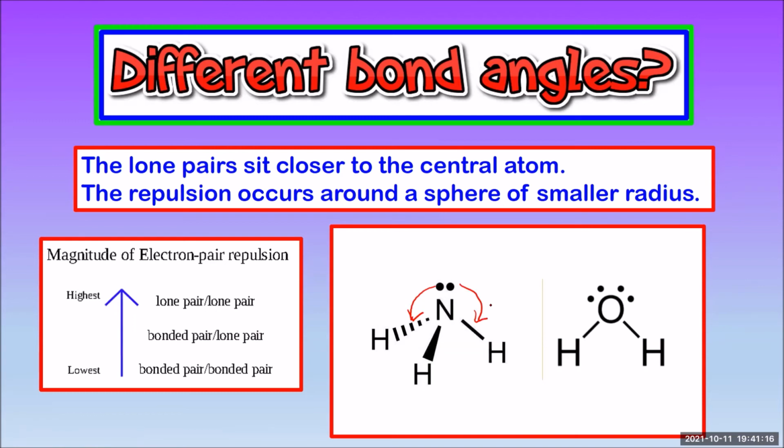So it pushes the bonded electron pairs a little bit closer. This happens even more for the V-shaped molecule because lone pairs repel each other even more strongly than lone pairs repel bonded pairs. This is a really strong repulsion. The bonded pairs get squished together even more.